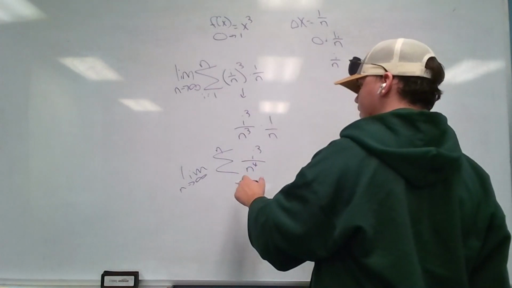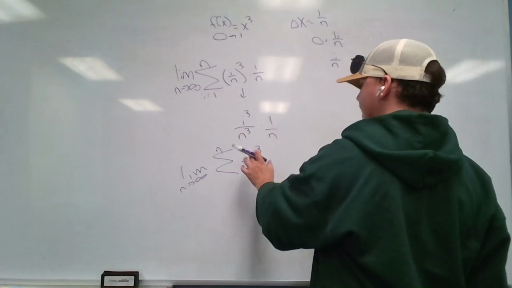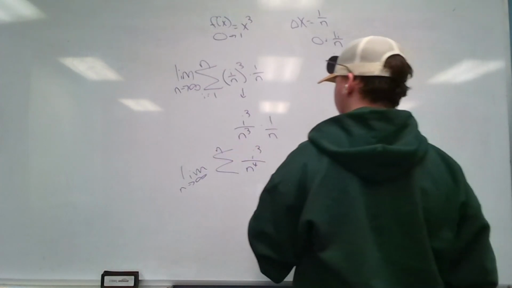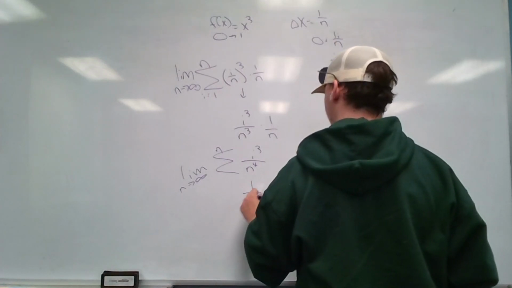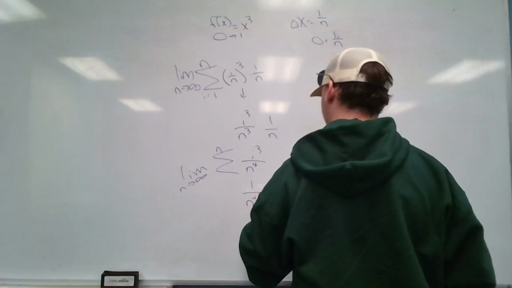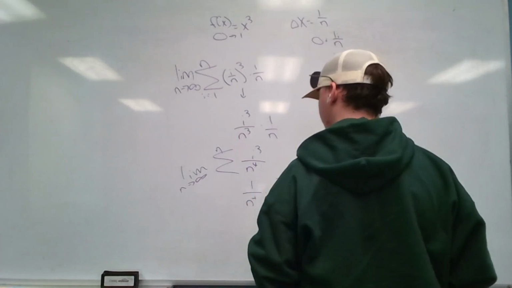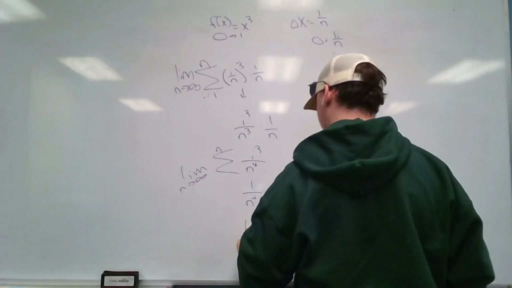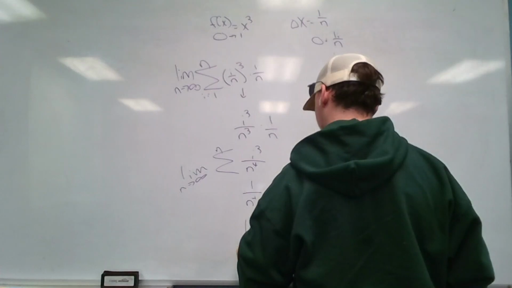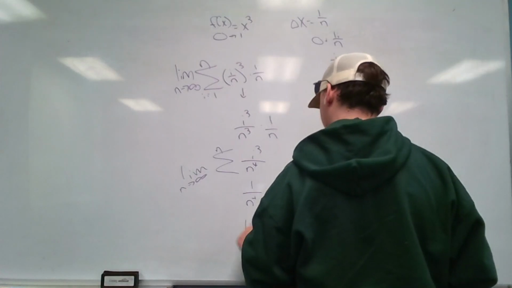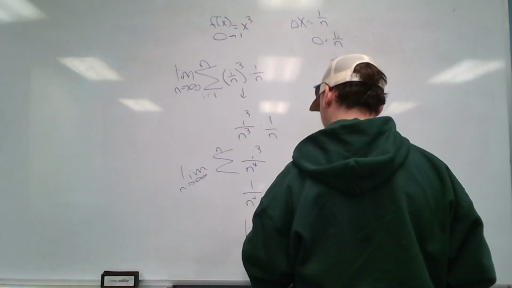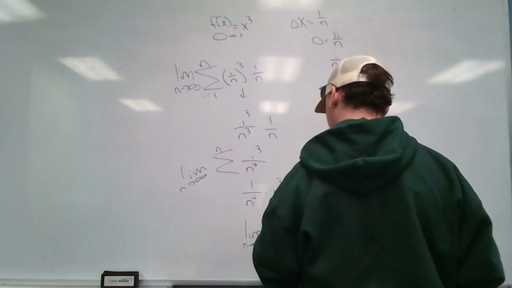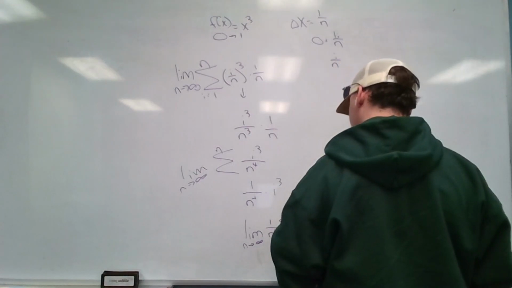Then from there, we can take out what is inside that is not i cubed, which would be 1 over n to the fourth, and it's going to be 1 over n to the fourth times the summation of i cubed.